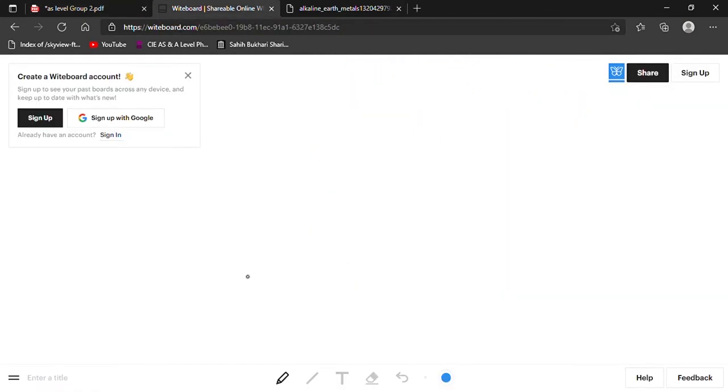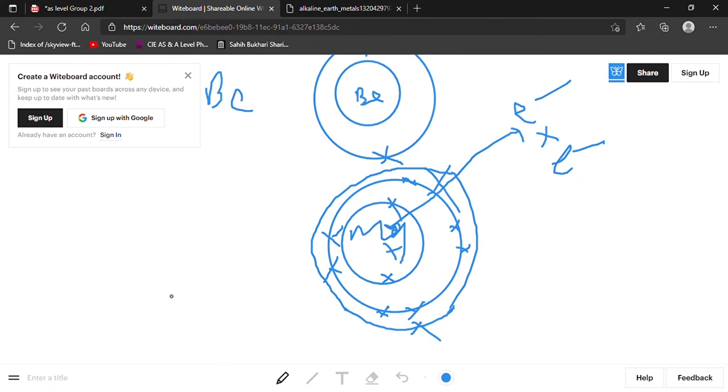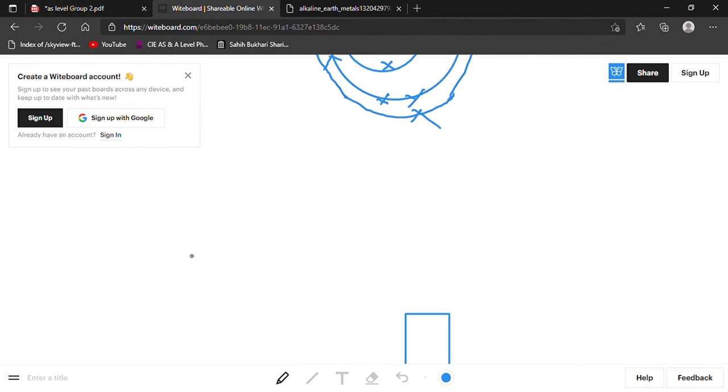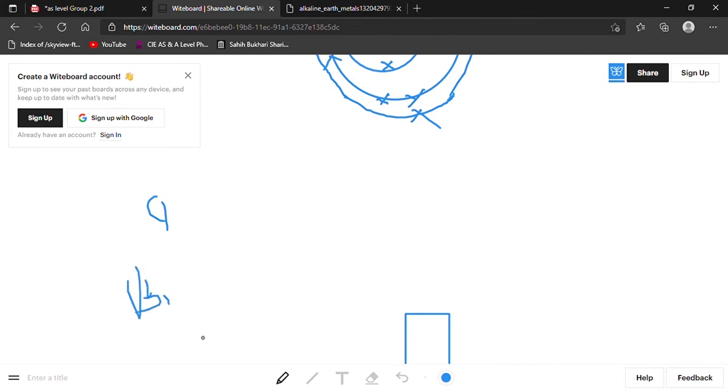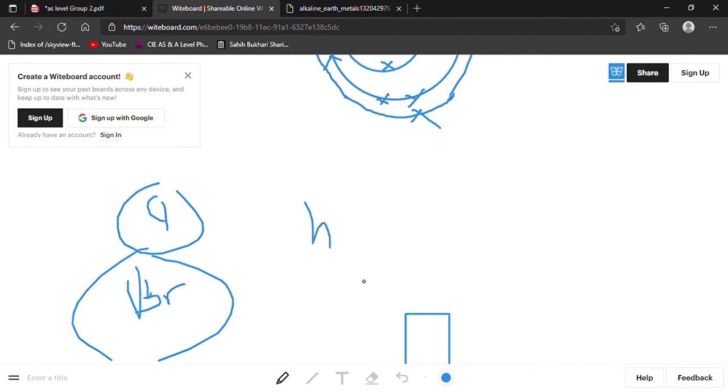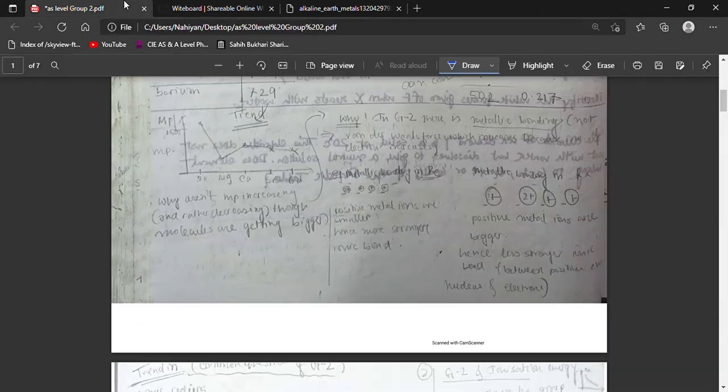If you look at other elements, for instance, where the shell number increases or the number of electrons keeps on increasing, the melting point usually increases, like for chlorine and then bromine. As their shell number and electrons increase, we see the melting point increase. So why isn't it the case here?